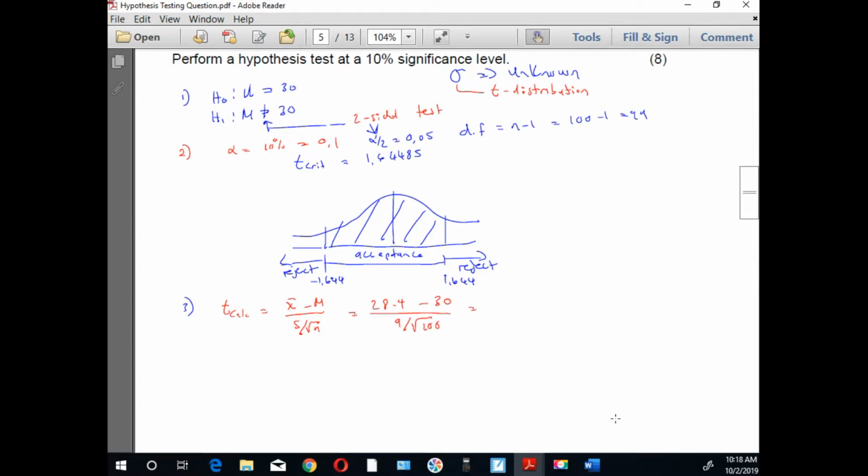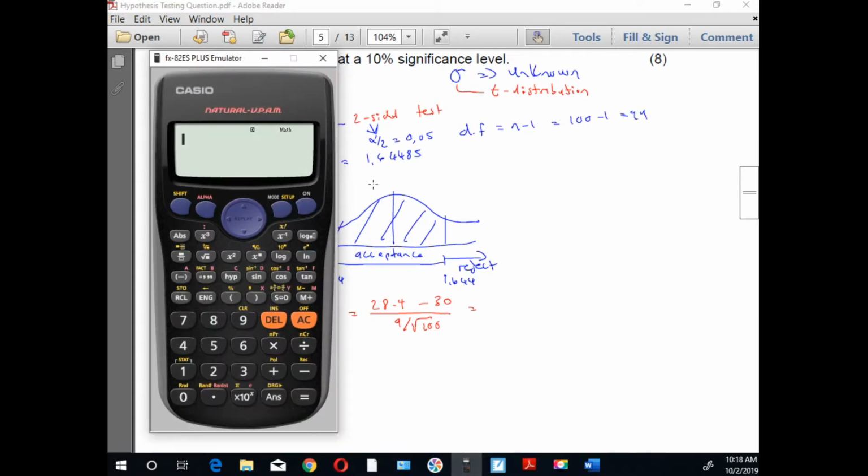We use our calculator, we don't need to waste time. 28.4 minus 30 divided by 9 divided by root 100. Alright, straightforward. Negative 1.78.